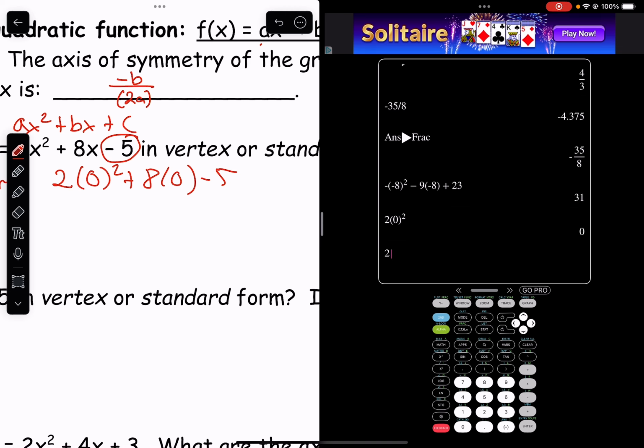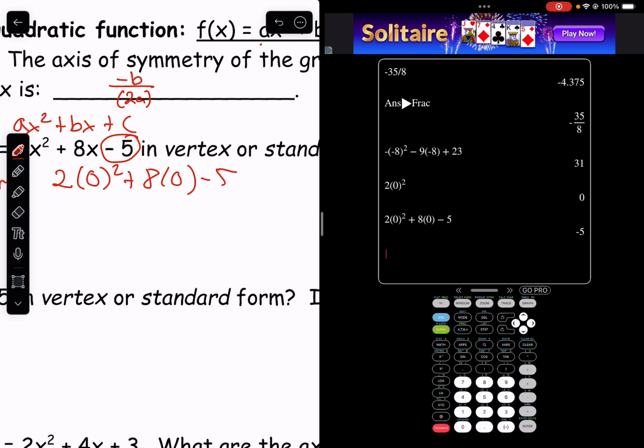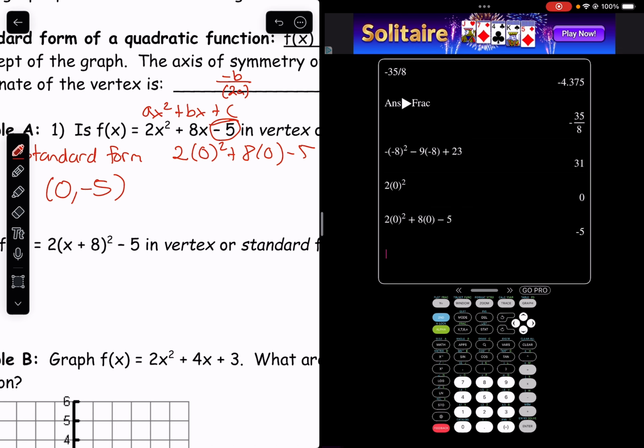Whoops, sorry, didn't mean to click enter. It's definitely much easier to type on a physical calculator than this online one. There you go. So you can see when I plug a 0 in, I get a negative 5 out. And like I said, in standard form, it's just going to be that c value on the end there.